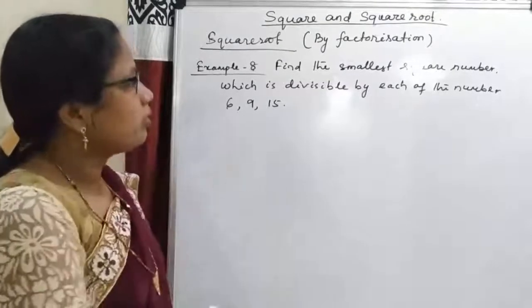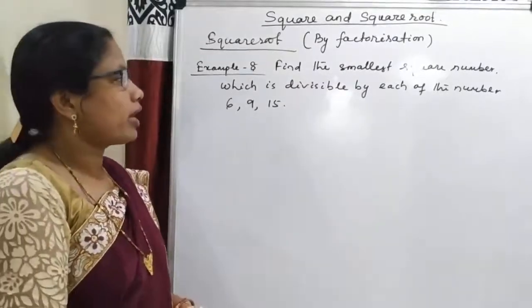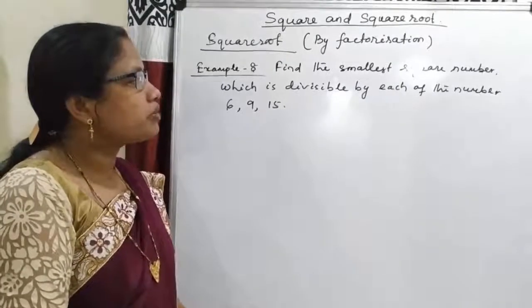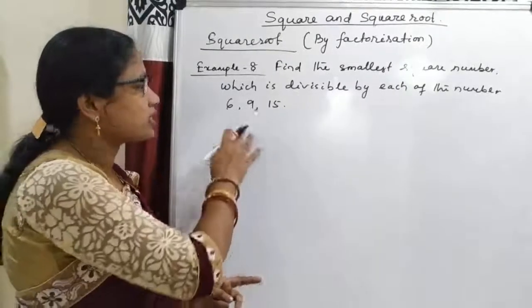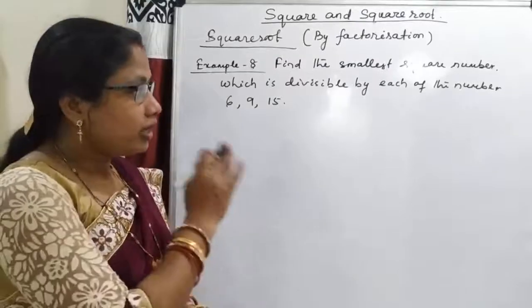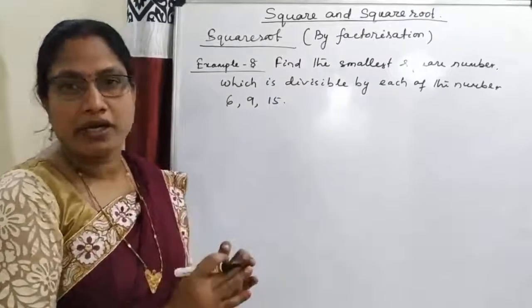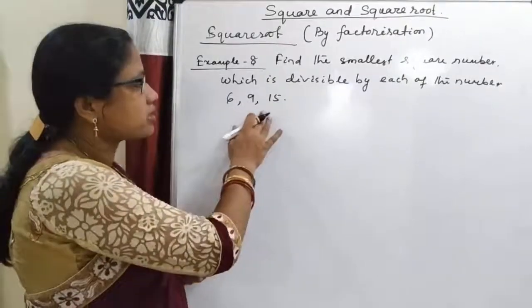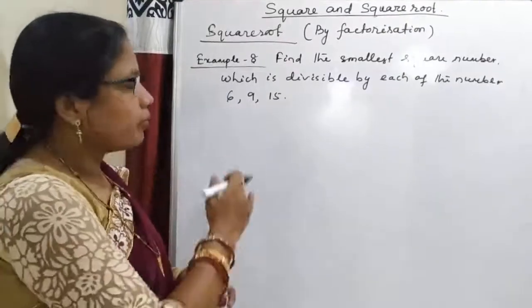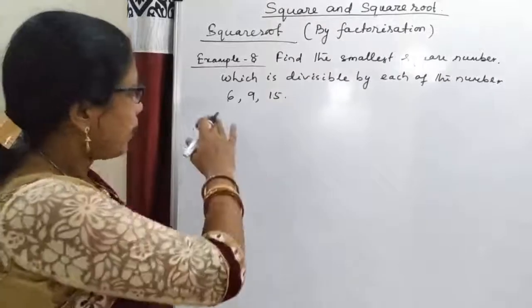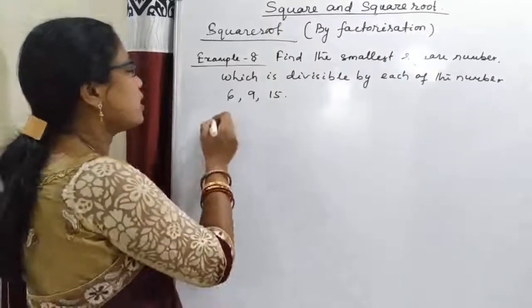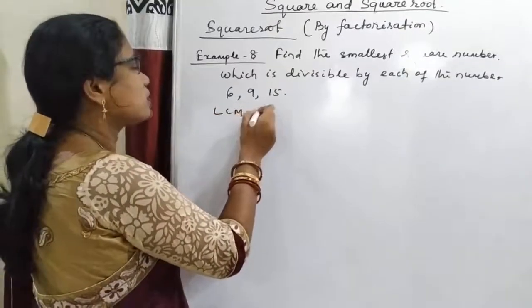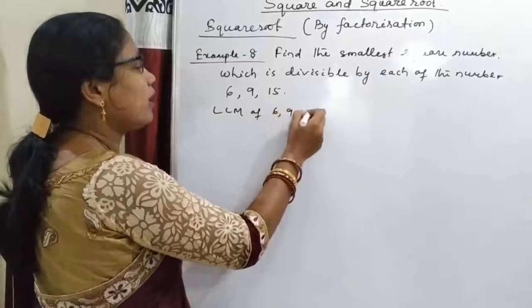Next example, find the smallest square number which is divisible by each of the numbers 6, 9, 15. So here we have to first find out the smallest number which is divisible by 6, 9 and 15, and we will find this by finding their LCM. So LCM of 6, 9 and 15.